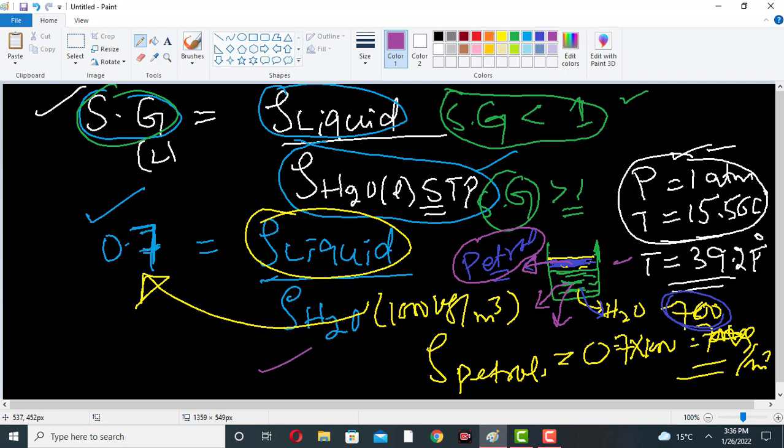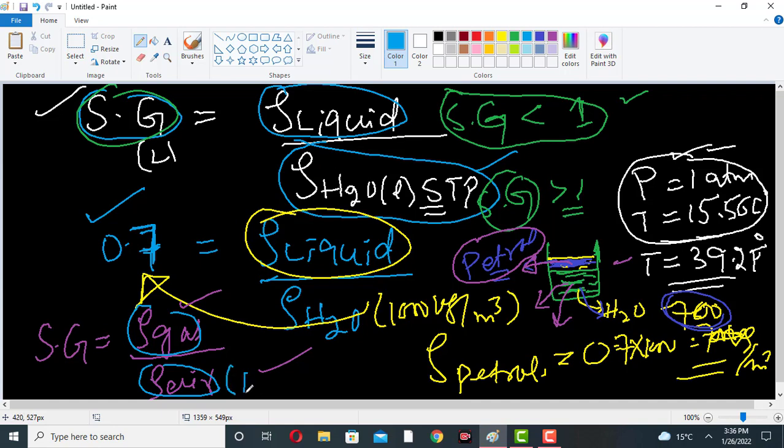Now the specific gravity for gas can be written as the density of the gas divided by the density of air at STP, standard temperature and pressure. Usually the density of air at 20 degrees centigrade is 1.2 kilogram per cubic meter.